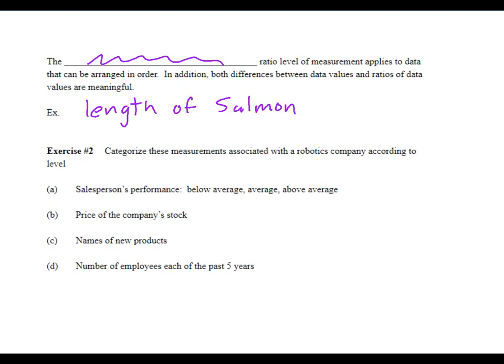Not only can you figure out the differences between those, but let's say we're comparing the length of one particular salmon to another salmon. That ratio would be meaningful if you use that same fish comparing it to the length of a different salmon.